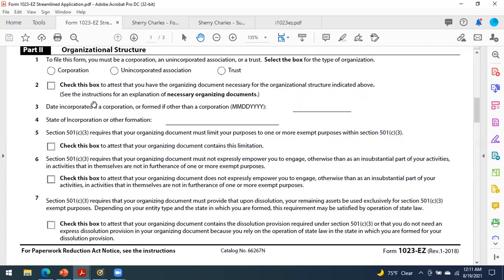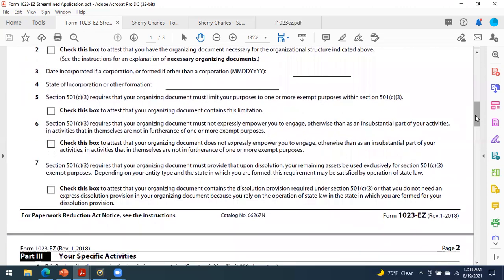And then you complete all of the other information. And then you see, here's another box to attest. Here's another box to attest. Then here's another box to attest. So the IRS is not asking you to attach the documents to this application.